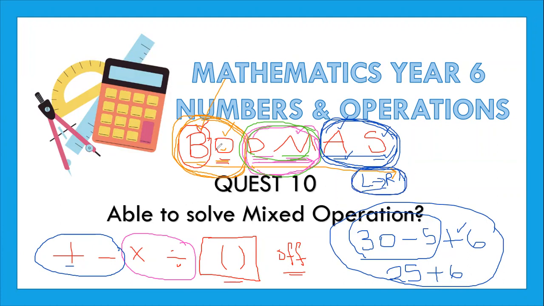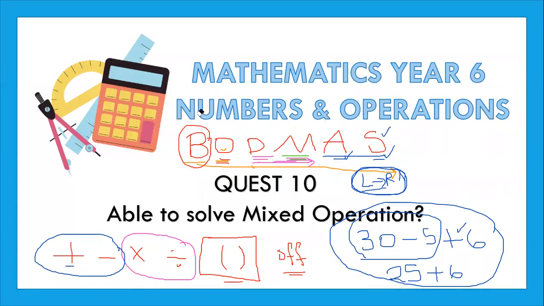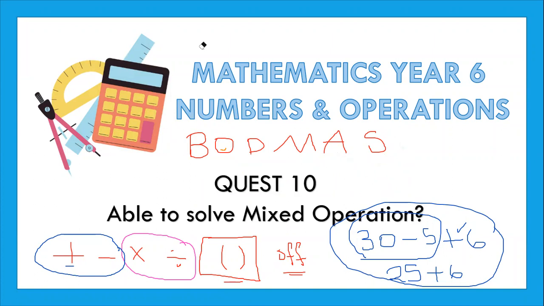Okay, so BODMAS, again, I repeat, is divided into 3 different levels. One is the B and the O, one is the D and the M, and one is the A and the S. So if you see brackets or the word of, you do it first. If you see division or multiplication, then you do it second.